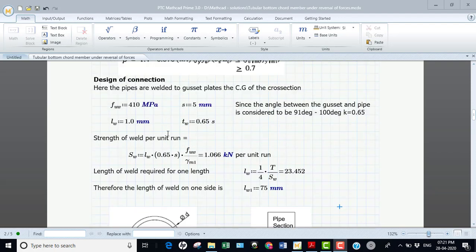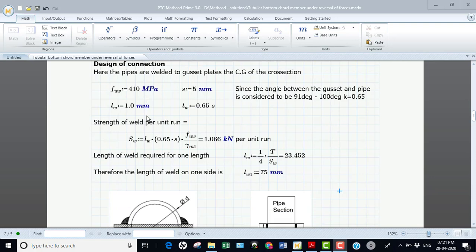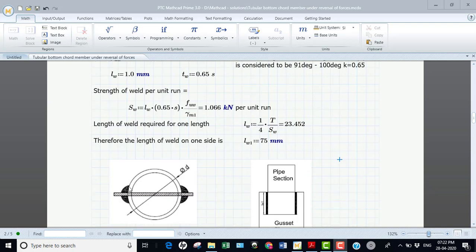To do that, I should take some basic weld parameters. Say the ultimate stress of the weld is 14 MPa. The size of the weld is 5 mm. This is taken based upon Section 10 of IS 800. And the throat thickness has to be calculated. To calculate the throat thickness, I should see the angle between the two legs.